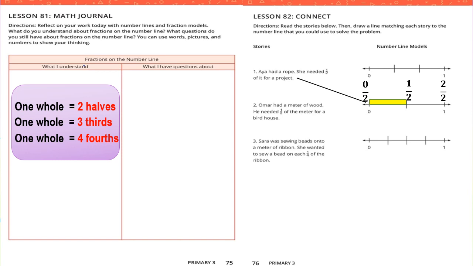We want 2 dashes to make 3 equal parts. The first or the second one? Yes, the first number line. The second step, label each dash with the fractions 0/3, 1/3, 2/3 till the whole fraction 3/3.